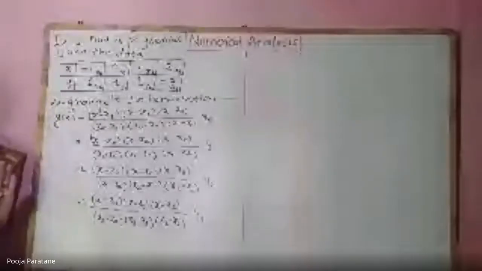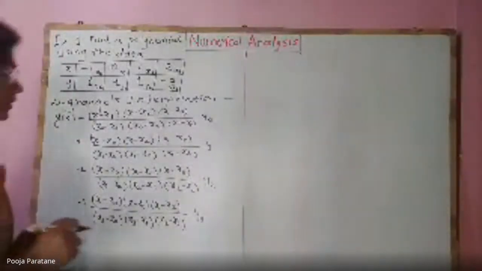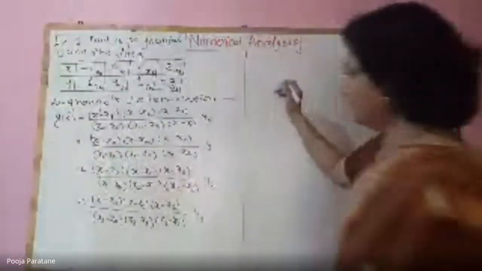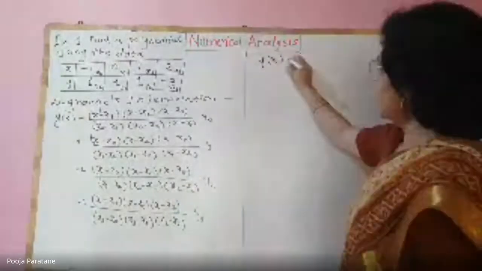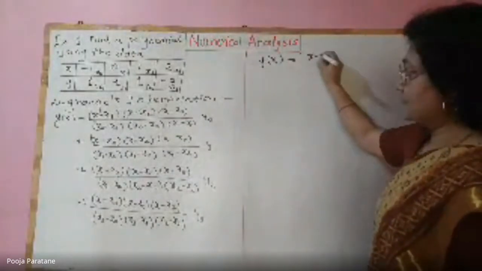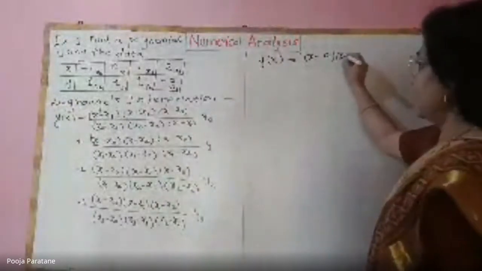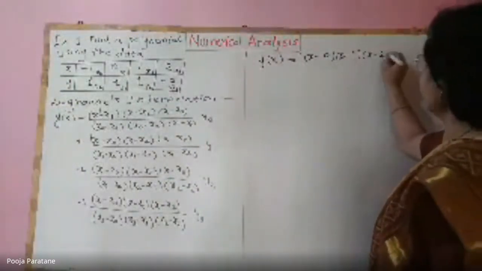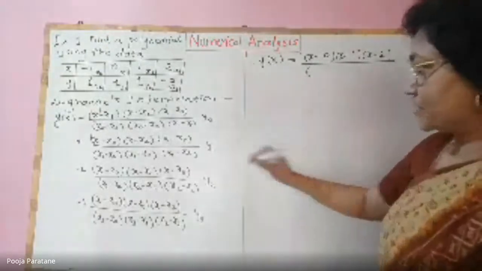Now here, as we want to find the formula, x is the variable, so we have to keep x as it is. So let us substitute the values. Therefore y(x) is equal to, in the first term, x minus 0, because the value of x1 is 0, then x minus 1, x minus 2, and here I will directly do the calculations.